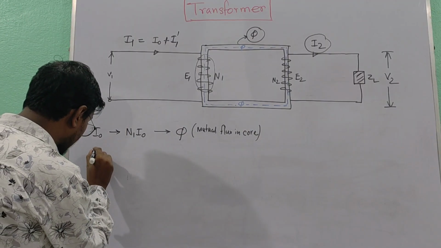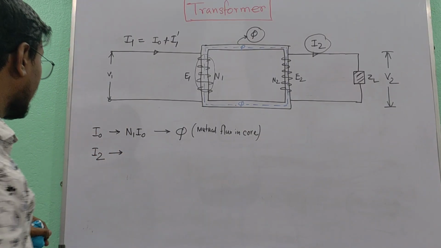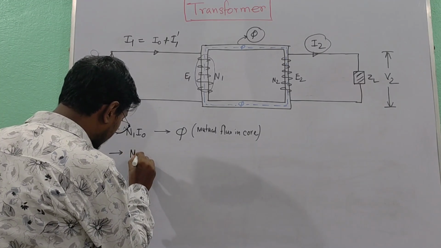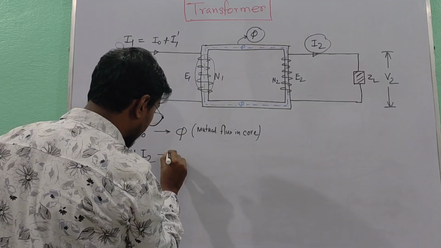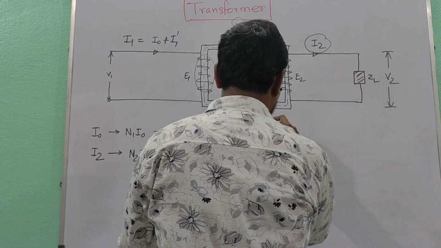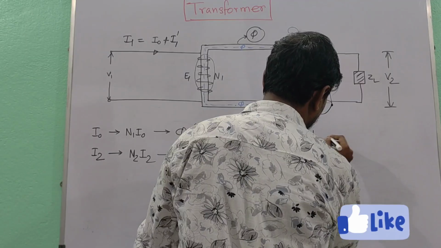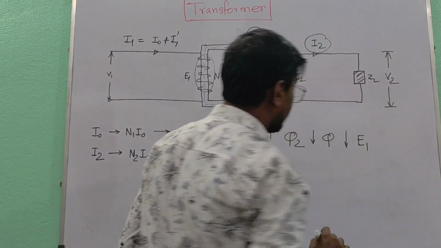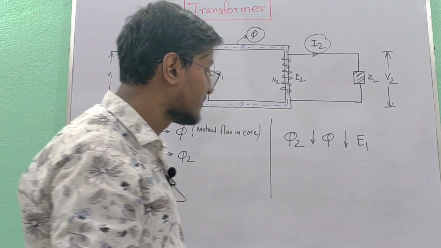When the secondary is loaded, I2 is flowing. So I2 sets up its own MMF in the secondary, that is N2 I2. It creates a secondary flux phi 2. Now this phi 2 weakens the main flux phi, and as the main flux weakens, the value of E1 also gets reduced.